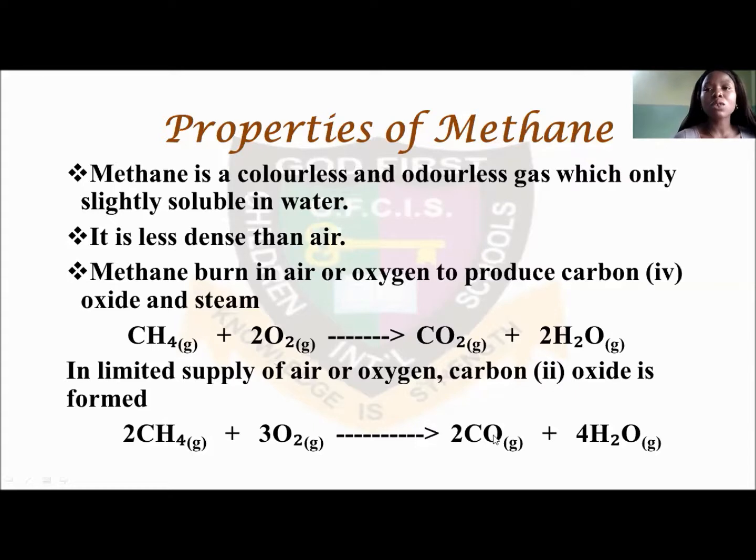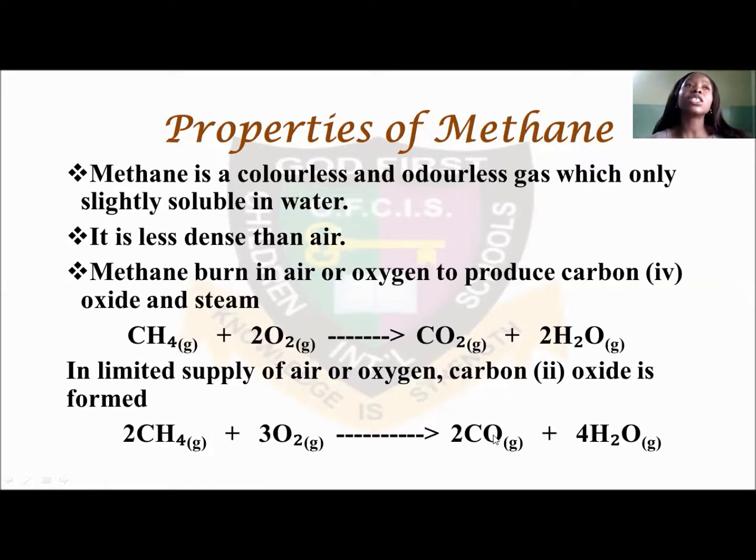In sufficient supply, you have CO2, while in limited supply, you have CO. Burning is also known as combustion. So combustion of methane in sufficient oxygen will give us carbon(IV) oxide, while in limited oxygen it will give us carbon(II) oxide.